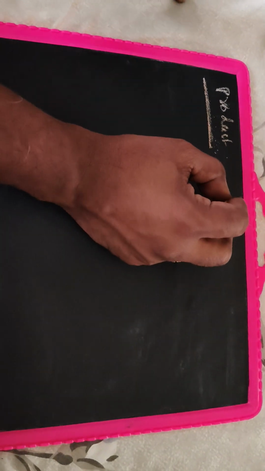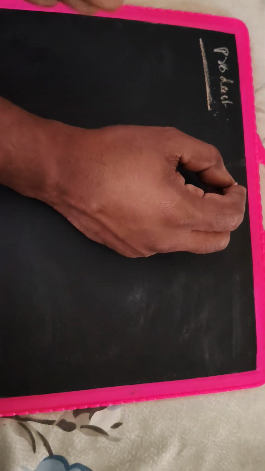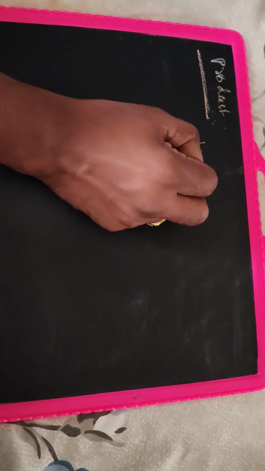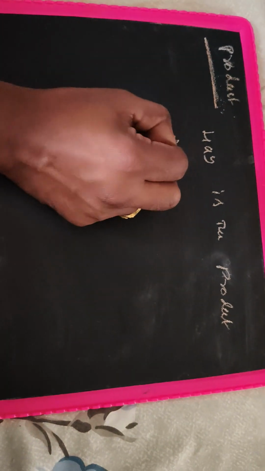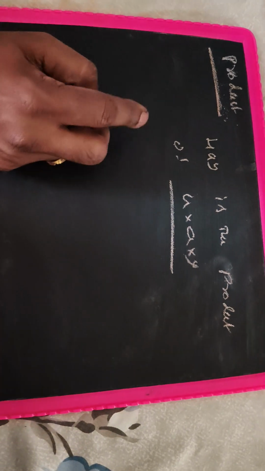What is the product? When two or more quantities are multiplied together, the result is called their product. For example, 4ay is the product of 4 into a into y.